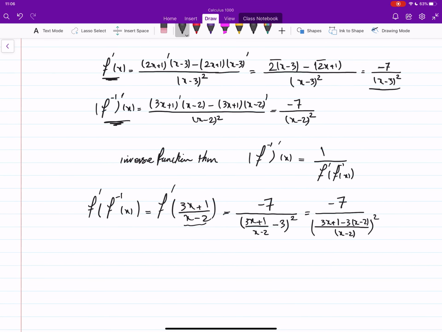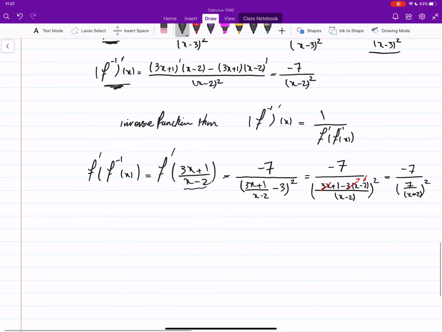You can simplify: the negative sign goes away, here will be plus 6 and 1, so we have negative 7 over 7 squared over x minus 2 squared.